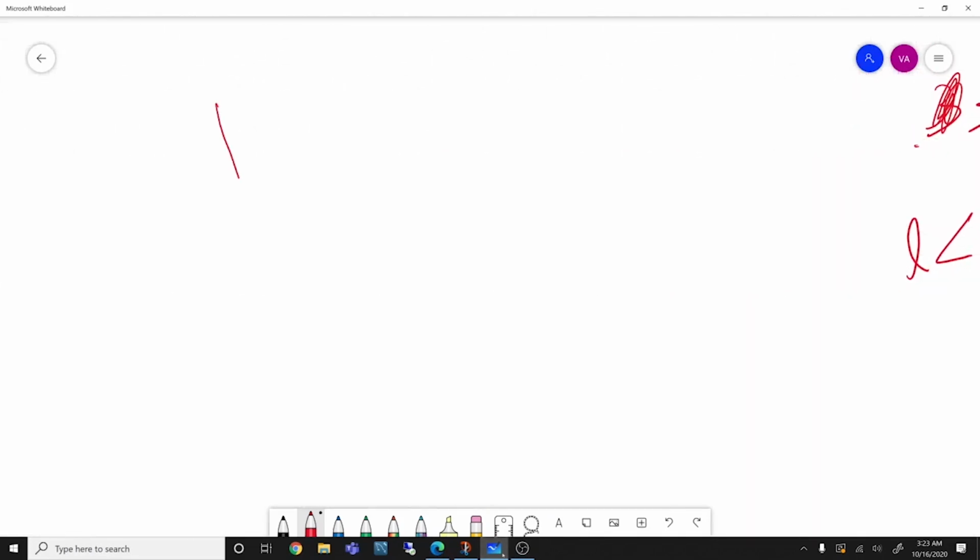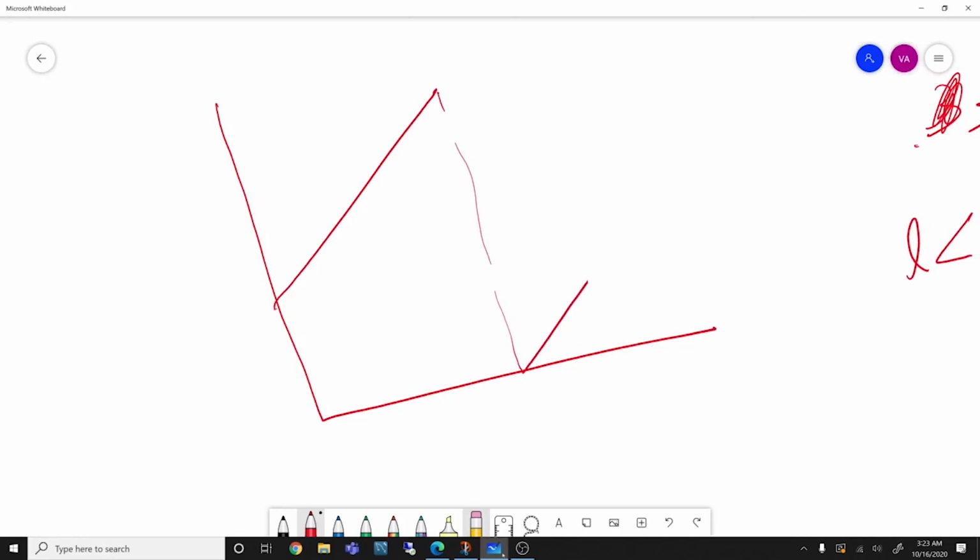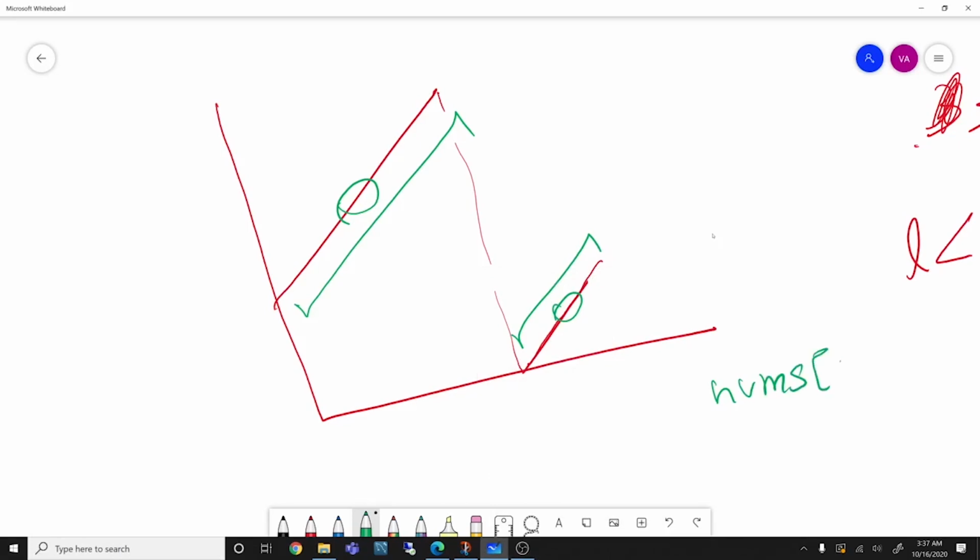Let's draw the graph again that we discussed initially, like this. This is this sort of a graph. Now either my middle element can lie in this portion or in this portion, or I can say this entire portion or this entire portion somewhere. And I'm given the condition that my nums of m is greater than my target.